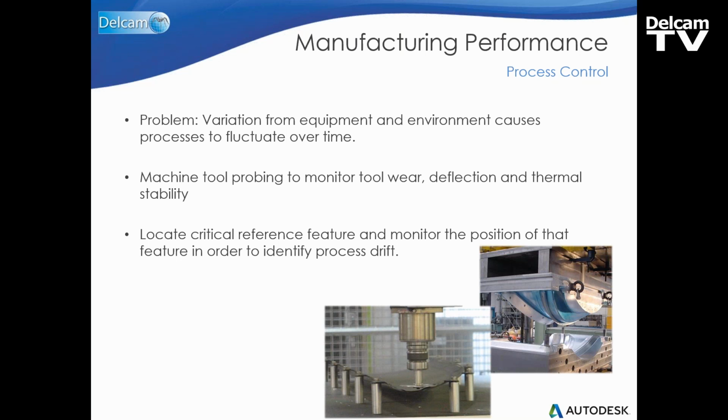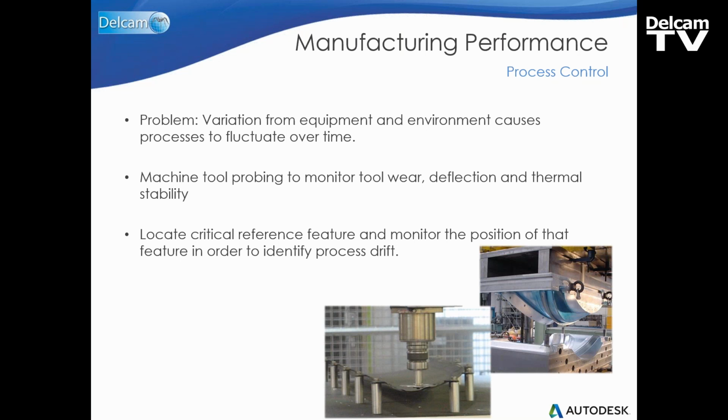And what happens is, because we've got such a high rate of machining, that over the batch of components, tool wear causes certain features to become out of tolerance. And then the second problem that we come across is with larger parts where environmental causes might cause the process to fluctuate.